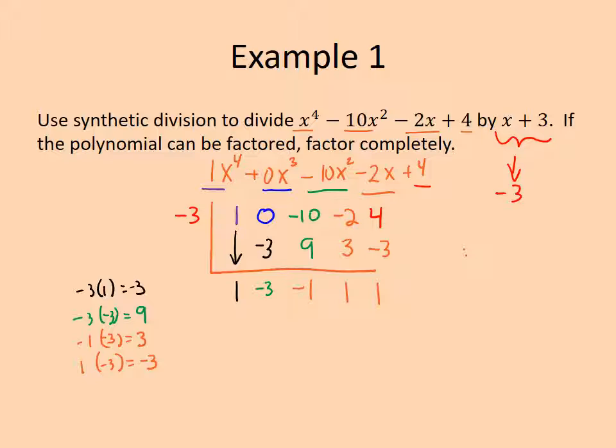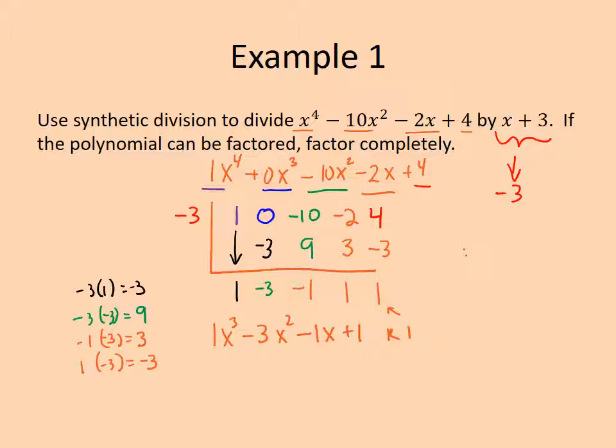Now these remaining numbers are the coefficients for my polynomial. Since it was a degree 4 polynomial, once we've divided, we go down one exponent. So since it was x to the 4th, our remaining polynomial is going to be x to the 3rd. So it's going to be 1x to the 3rd minus 3x squared minus 1x plus 1, and this one is a remainder 1.